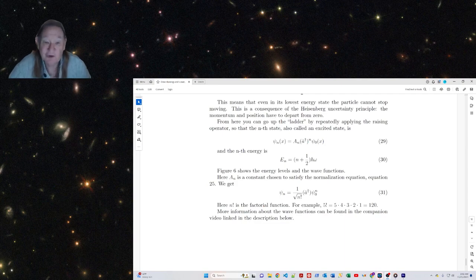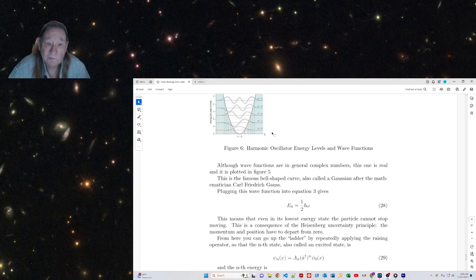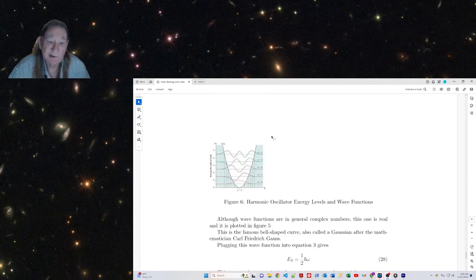And figure 6 shows the energy levels and the wave functions. Right here. Here's our Gaussian bell-shaped curve. Notice that some of these, if you reflect it about the center, the sign changes. So that's antisymmetric or odd.